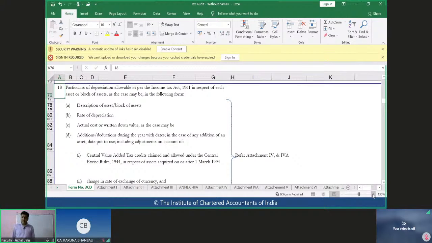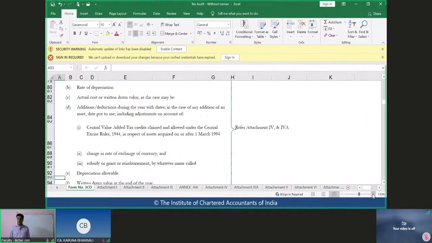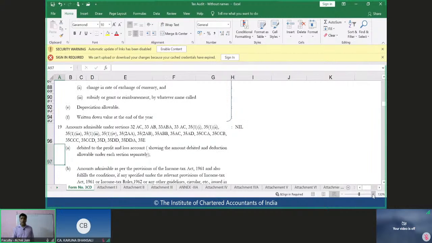In the case of any addition of an asset, date of put to use, including adjustments on account of SENVAT credit. SENVAT is all about the input credit. Change in the rate of exchange of currency, any adjustments due to this forex. Subsidy or grant or reimbursement, which means any adjustments due to any of these grants in respect of fixed assets. Depreciation allowable, written down value at the end of the year.